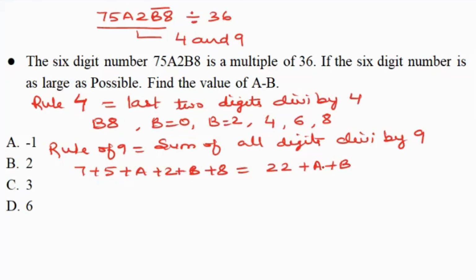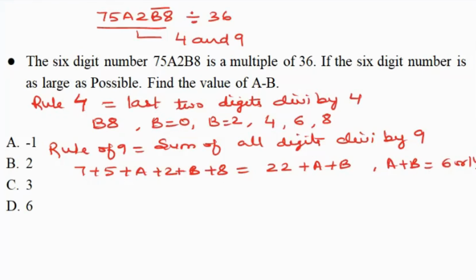And for that, there are two possible values for this A plus B. A plus B could be 6, or it becomes 14.